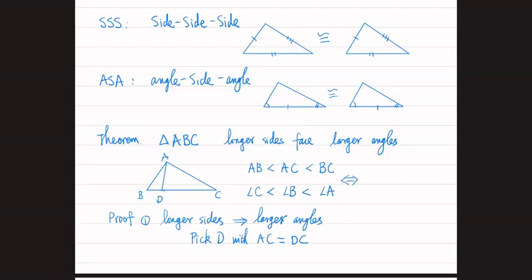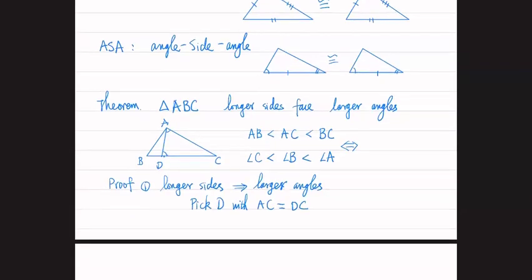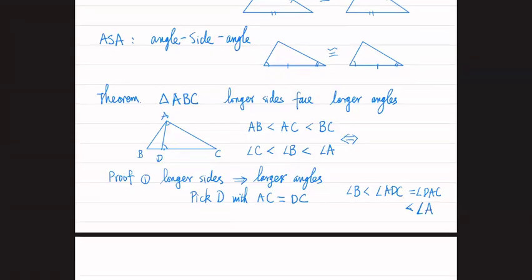Then these two angles are the same. So angle B is less than angle ADC, which equals angle DAC, because they have equal length. This is less than angle A. That's the first part of the proof.